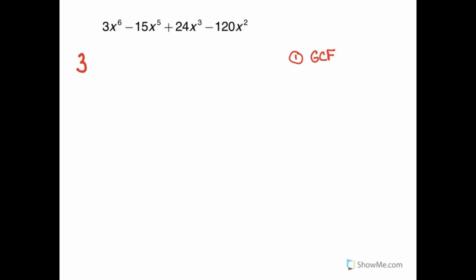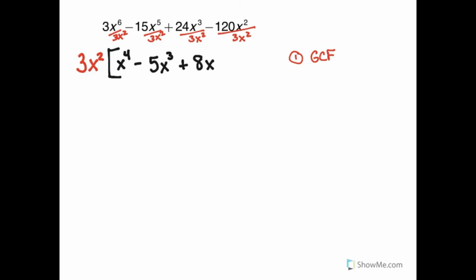And I also have x in every term, and the smallest power of x is x squared. So I can factor out 3x squared, and when I do, I get x to the 4th minus 5x to the 3rd plus 8x minus 40.